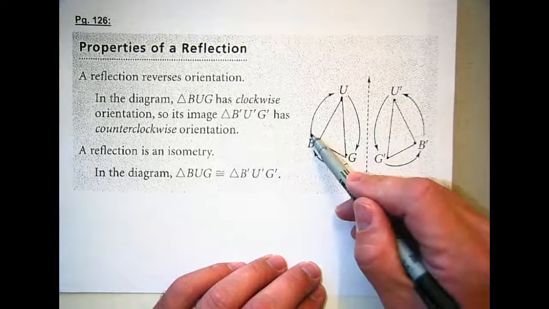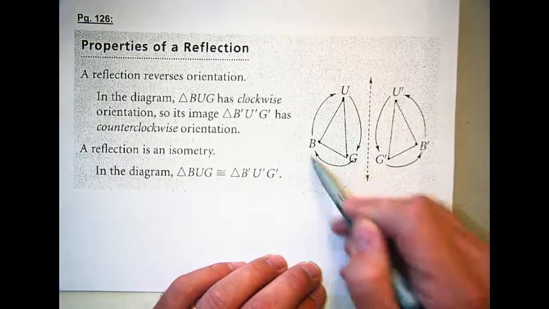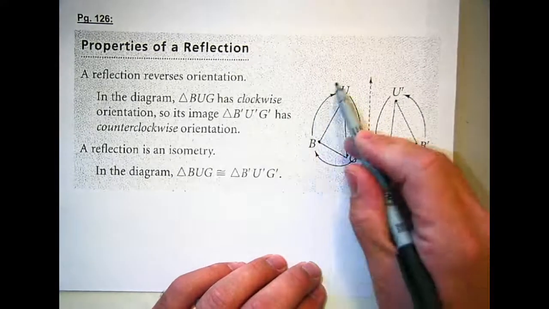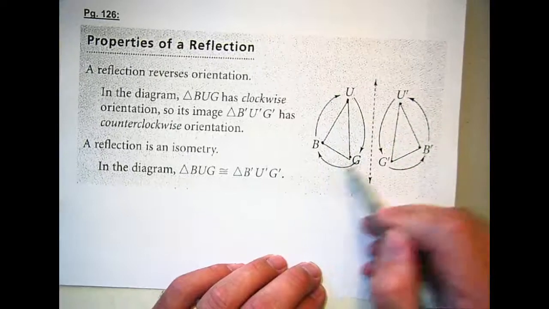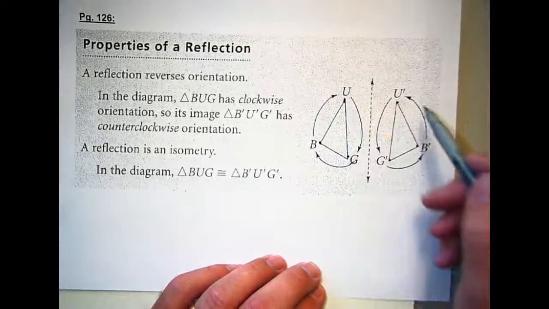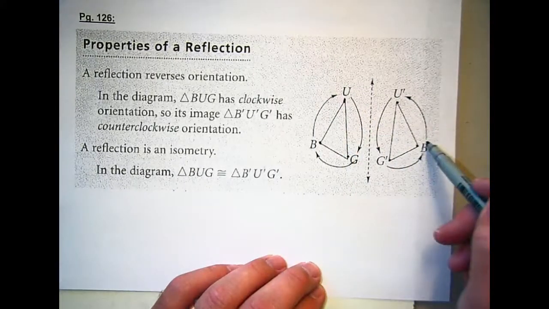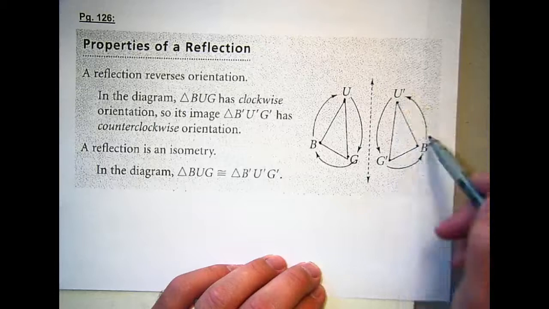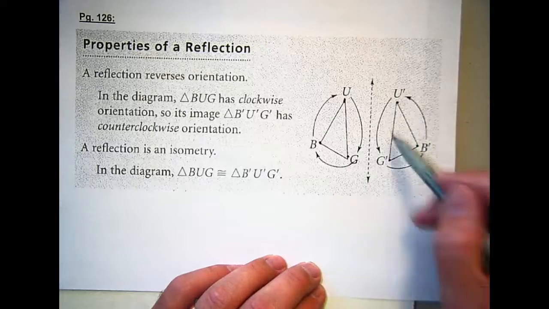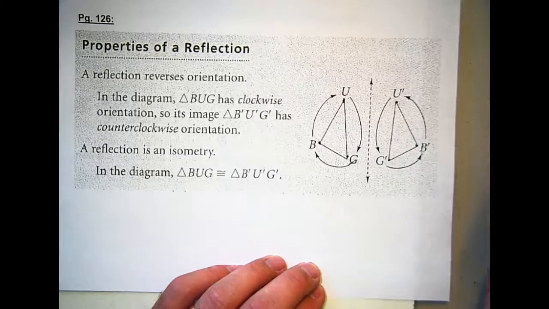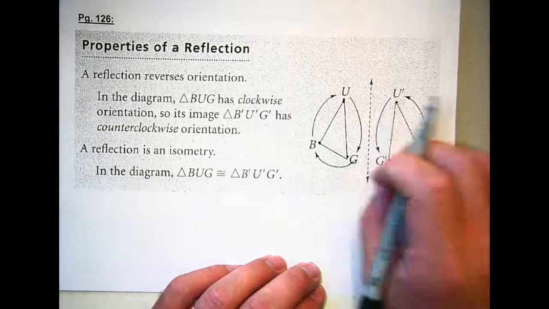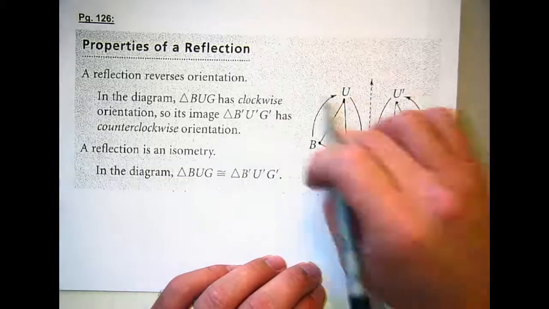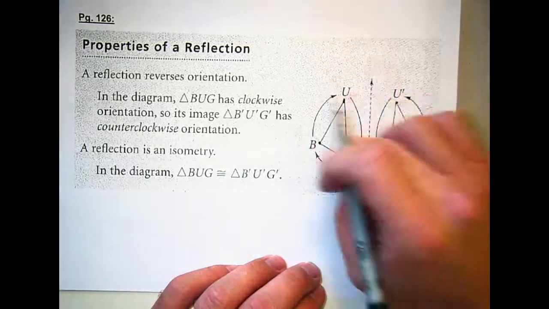If I go from B to U to G, I'm going clockwise, or I'm going from the left to the right. Notice in a reflection, now if I go from B prime, U prime to G prime, I'm going counterclockwise. The orientation has changed. So orientation refers to if you were to move around, in what order you move in.